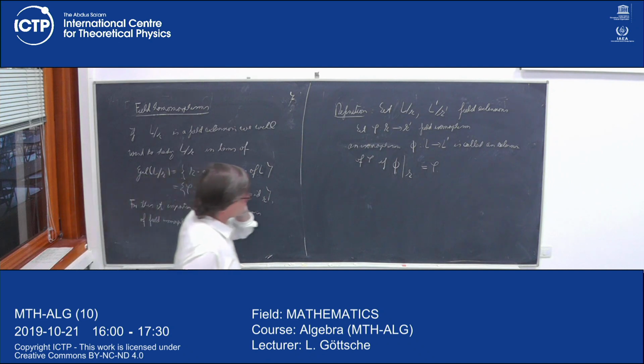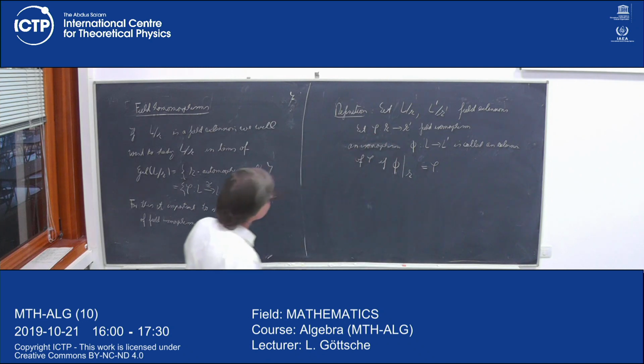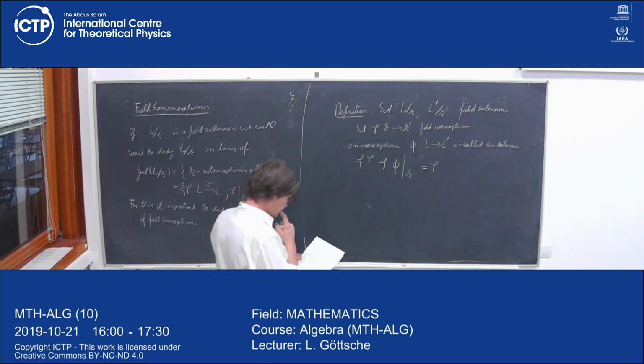This means that this map phi has the property that every element of k will be sent to k prime, and for an element in k, we just get small phi. Okay, so this is simple.